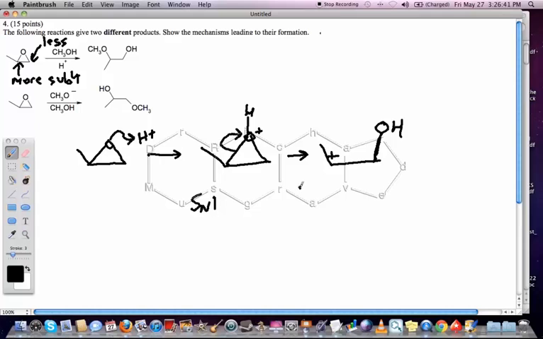And then the CH3OH is going to come in and attack that positive charge. So this is going to be a two-step process.